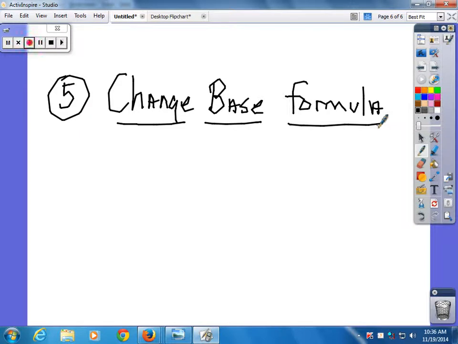There's log base 10, which is usually called LOG. In other words, if you see LOG of 22, and there's nothing under the LOG, it's assumed to be log base what? 10. It's kind of like the square root symbol. If you see a radical and there's no 2 there, it's assumed to be the square root.